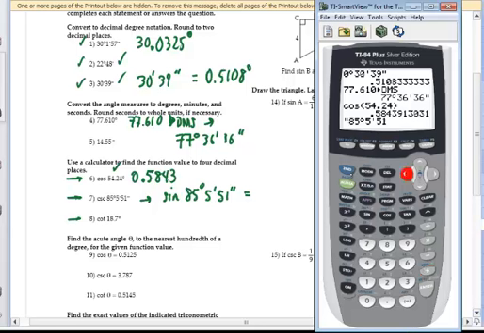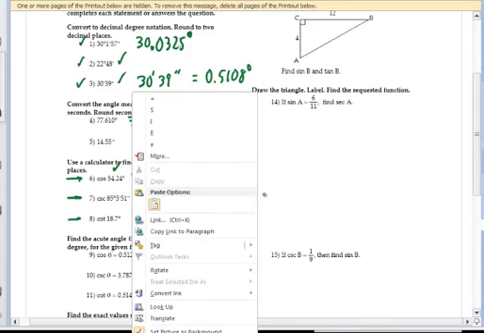I have to put the sine function here, and I have to make sure at the end I put the seconds symbol. And then when I hit return, I get the sine is equal to 0.9963.